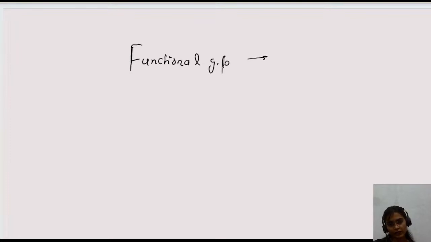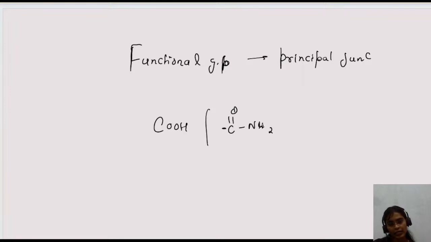If our functional group is the principal functional group, and you know the priority order of principal functional groups, for example COOH or CONH2, the acid has the maximum priority.